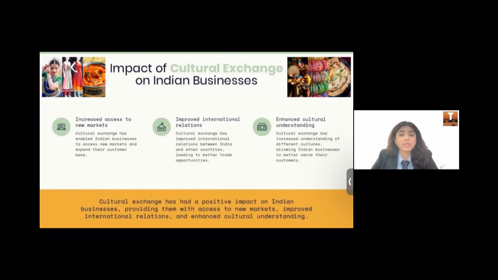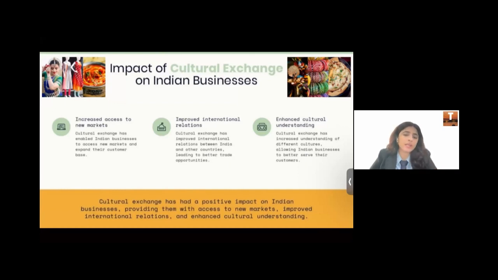understanding and catering to specific cultural needs can increase the chances of success. When entering into a new market, Indian businesses can offer culturally relevant products and experiences that resonate with local consumers, and also promote innovation and creativity by incorporating ideas and practices from other cultures.